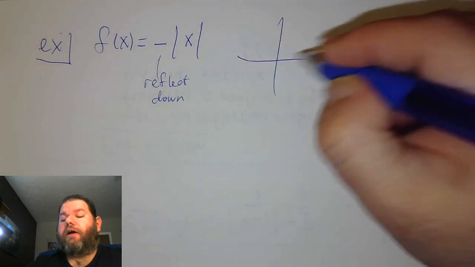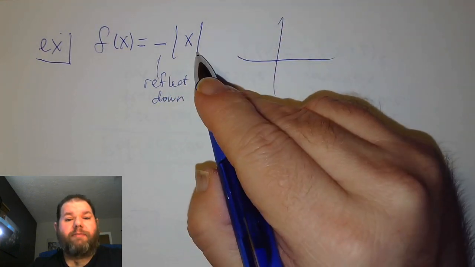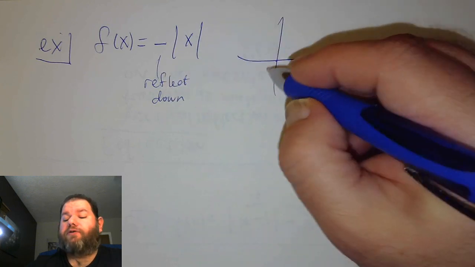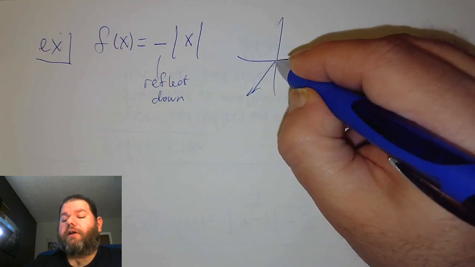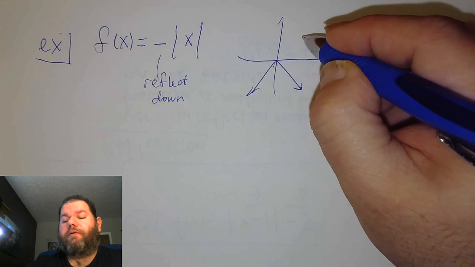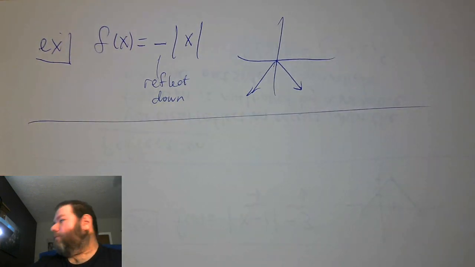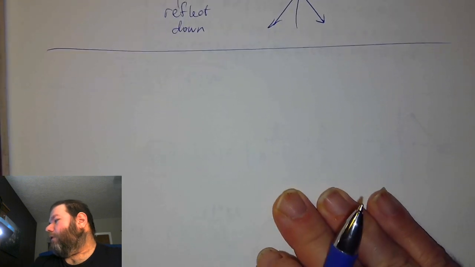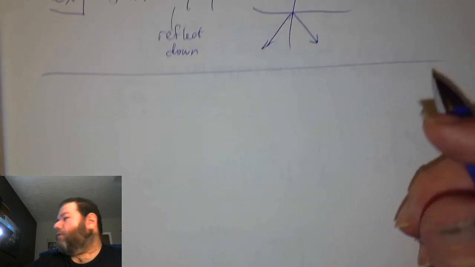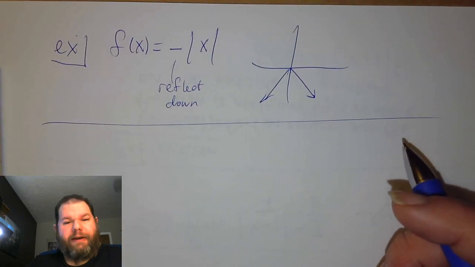And so our graph in this case would be the same V shape that we expect with the absolute value function, but now going down instead of up. Let me give you another second to look at that.